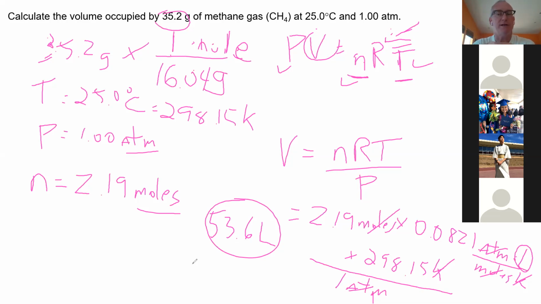R comes in when the number of moles is important, when you have to calculate the absolute number. Then we need to use R, and we need to have all the units there.